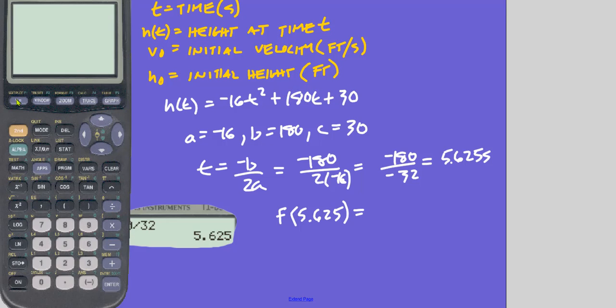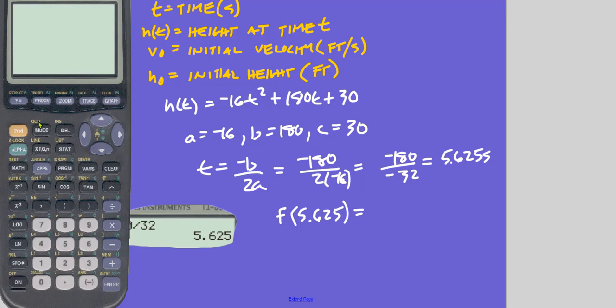But I'm going to use the graphing calculator's capability here, and I'm going to write my function, -16, I use x for t, squared plus 180t plus 30. So now I'm going to evaluate the function at 5.625.